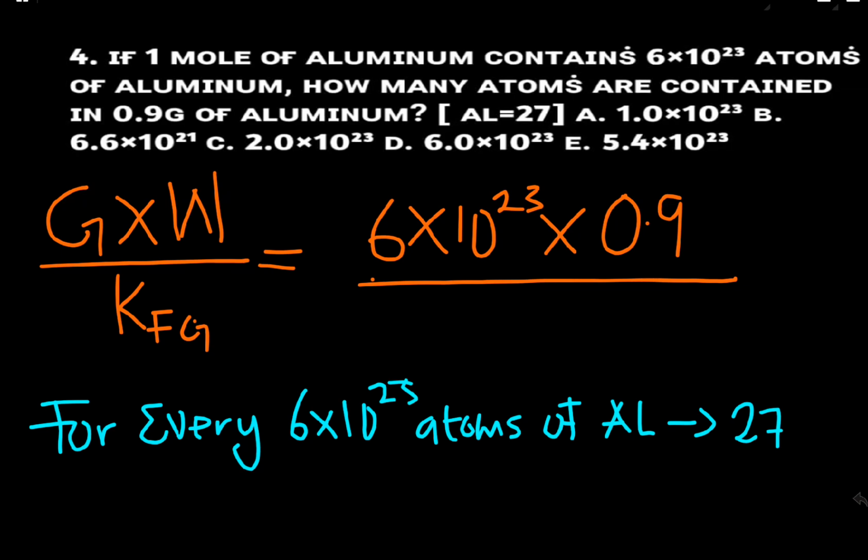The atomic mass of 27 is what we know from what is given. So I'm just going to put it here: what is known from what is given will be 27.